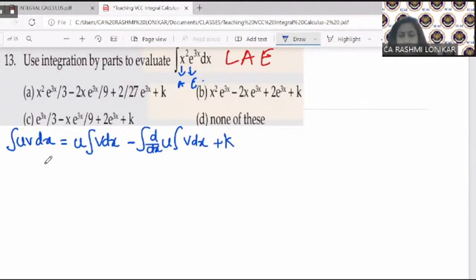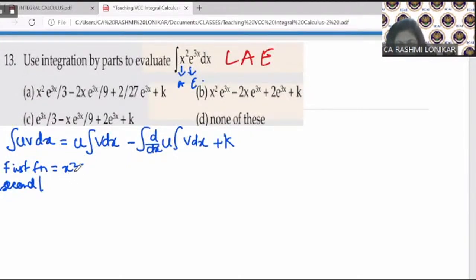Okay, so now what is my first function? The first function is x square and the second function is e raised to x.